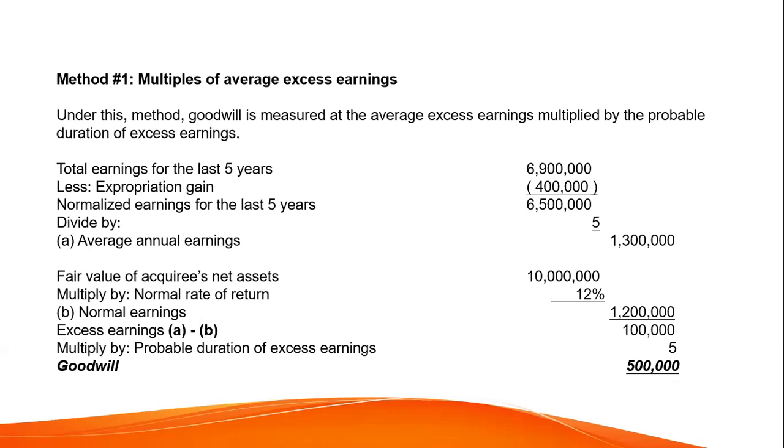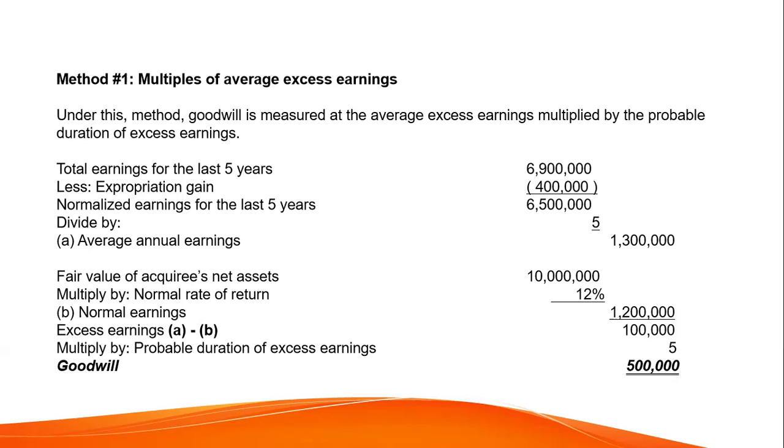Now, in method number 1, we have the multiples of average excess earnings. Now, under this method, goodwill is measured at the average excess earnings multiplied by the probable duration of excess earnings.